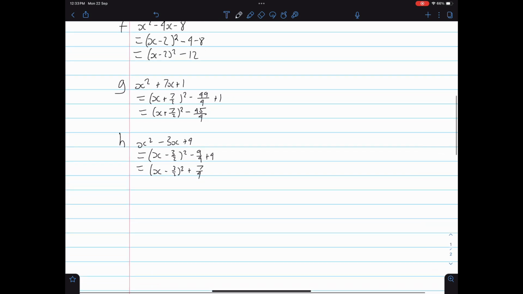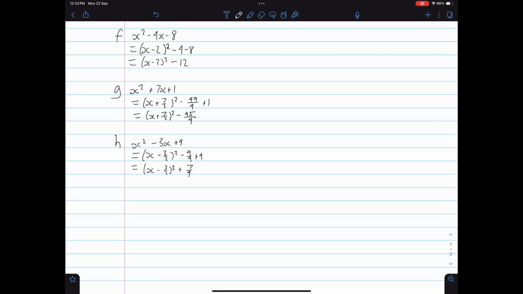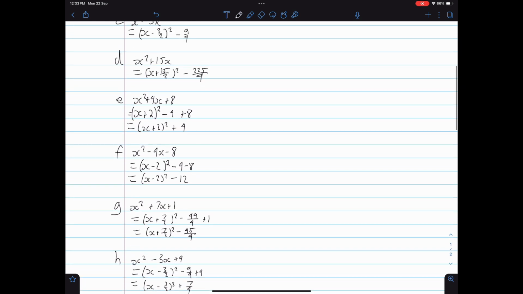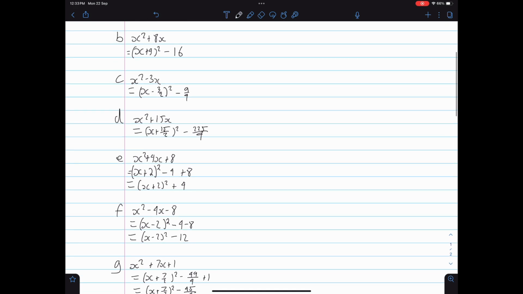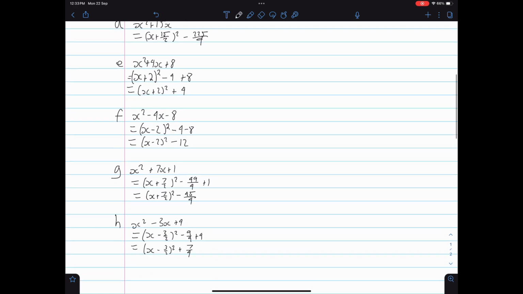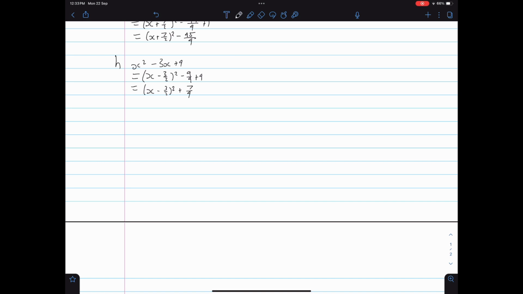And so that's basically the first essential part of completing the square, this process. So if you're familiar with all of this and how to do all this, then you'll be well set for lots of different questions in AS Maths.